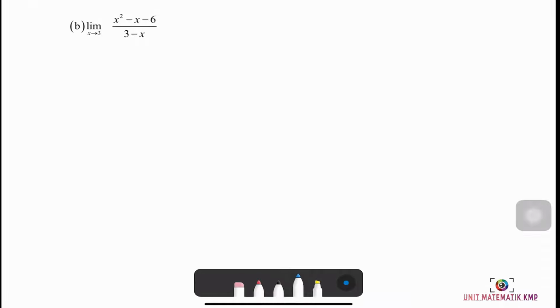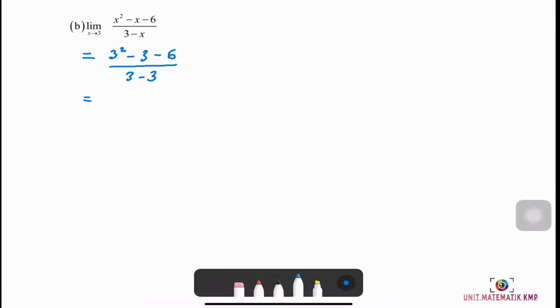Example 2, we have the limit of x squared minus x minus 6 over 3 minus x when x approaches 3. So we substitute: 3 squared minus 3 minus 6 over 3 minus 3.